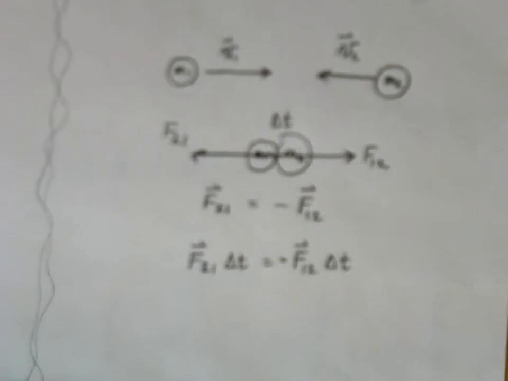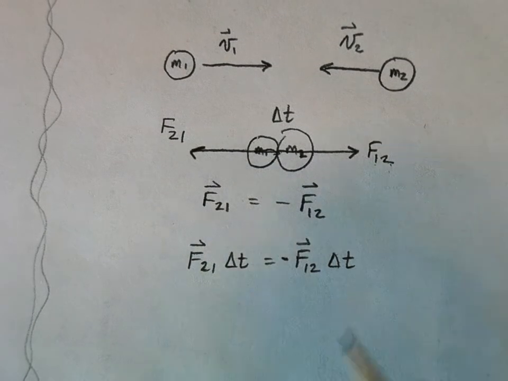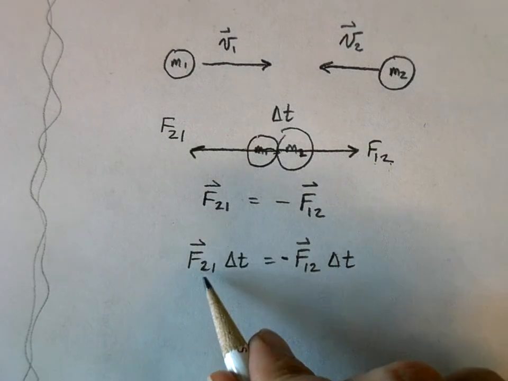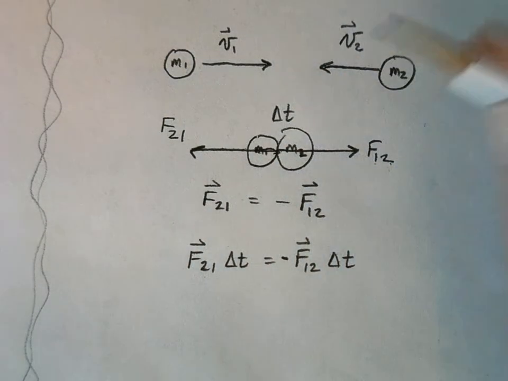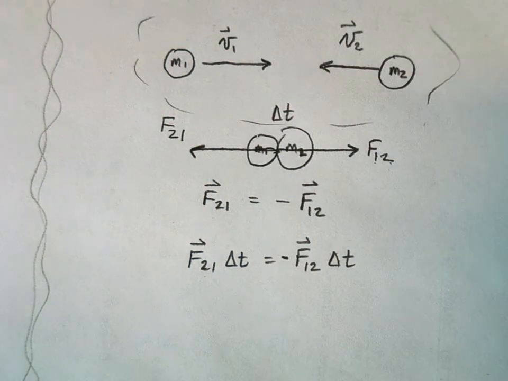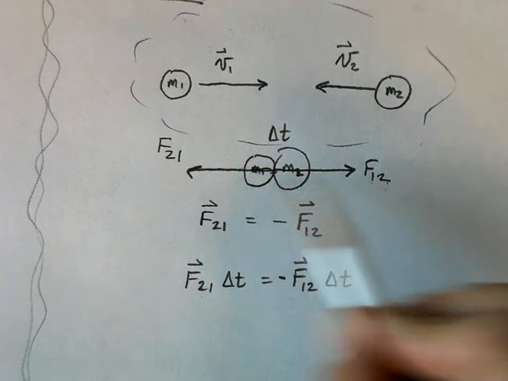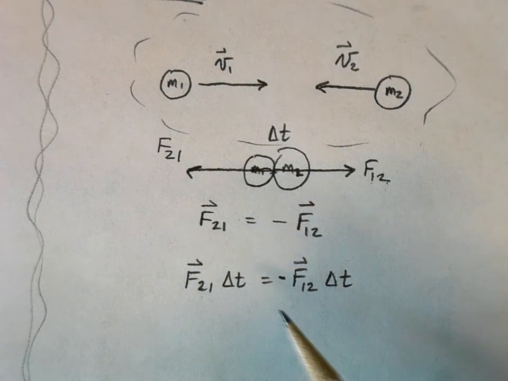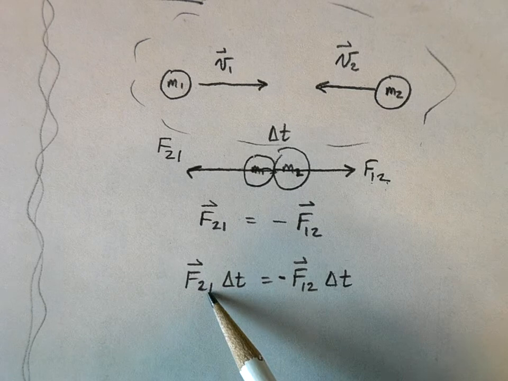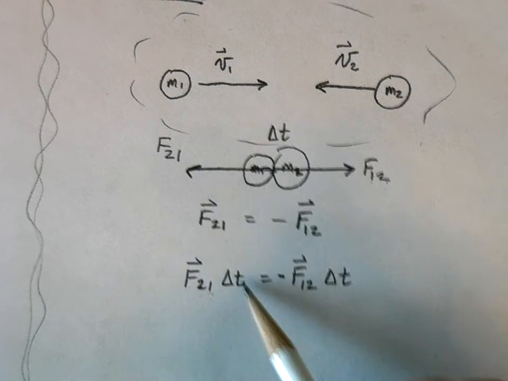Okay. So this is true, and these are net forces. Let's say this is an isolated system, so there are no outside forces acting on these objects. These are the only forces acting. And so if you look at the force of ball 2 on ball 1 times time, this is the impulse on ball 1.